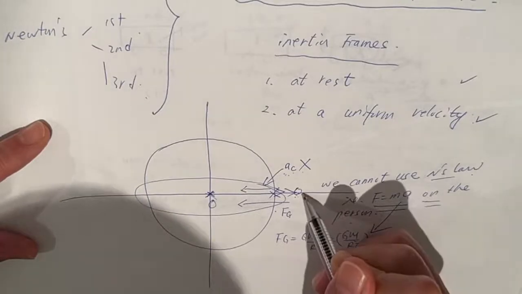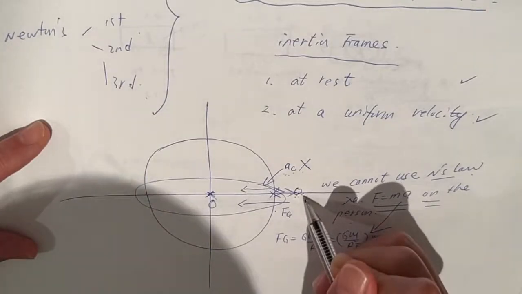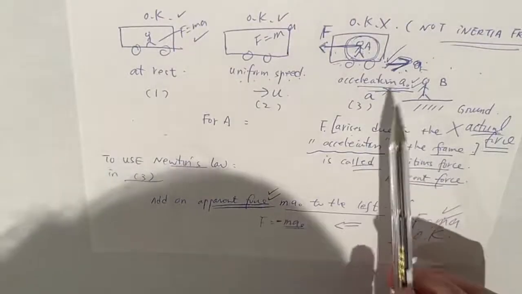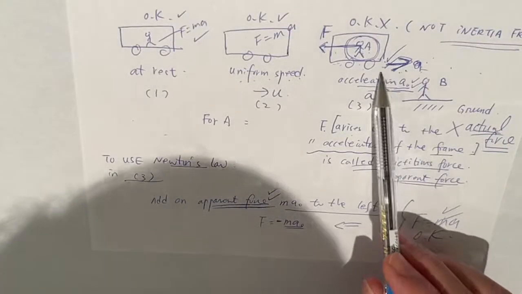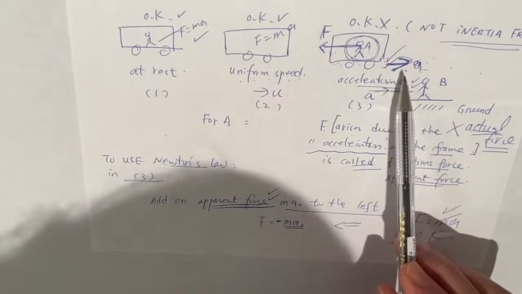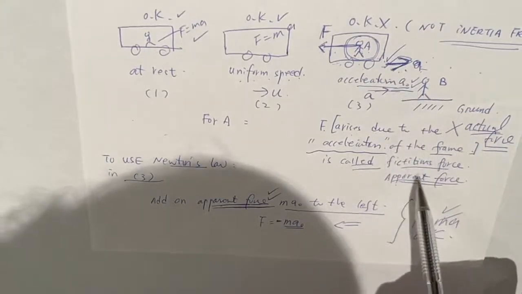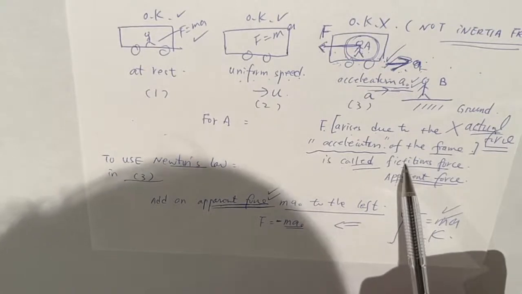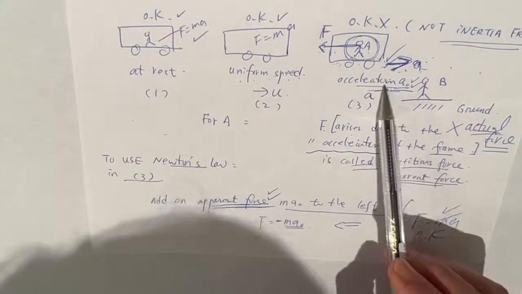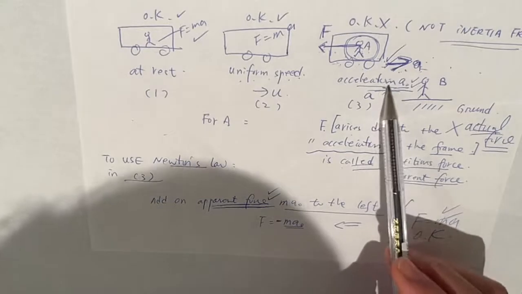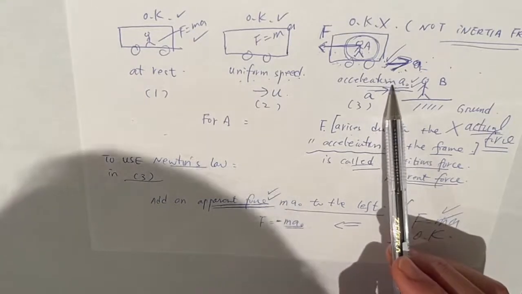So in order to use Newton's second law, very similar to the situation in the train, we add an apparent force or fictitious force towards the negative direction of the acceleration of the frame.